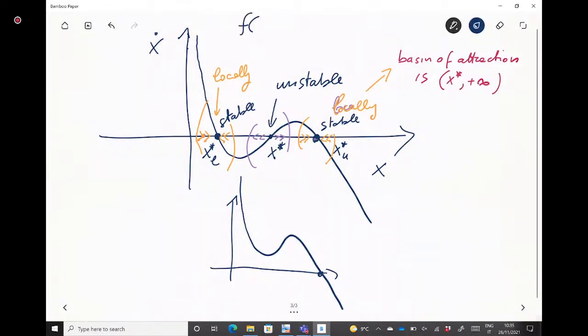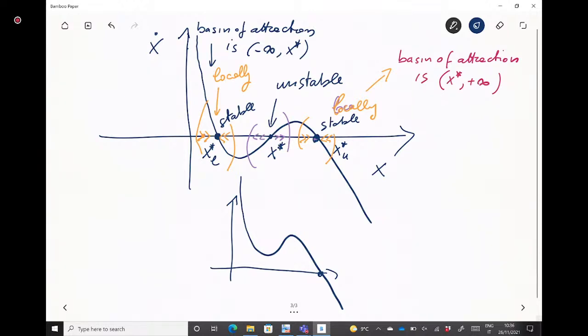It's not defined for negative values. Anyway, that's not important. It can also be defined for negative values. What is the basin of attraction of the other steady state? From minus infinity to x star. Is that clear? So we have the two basins of attraction.